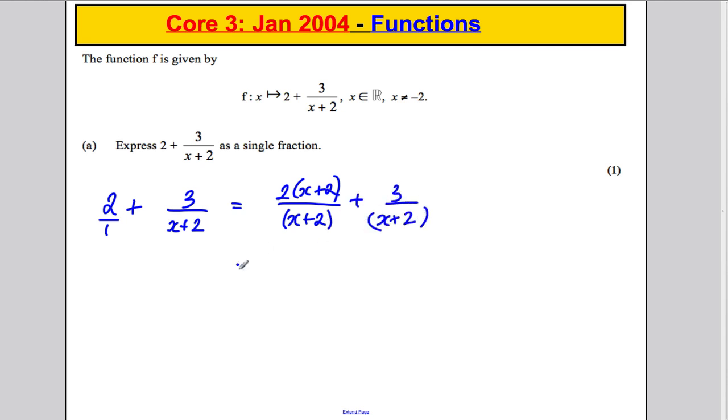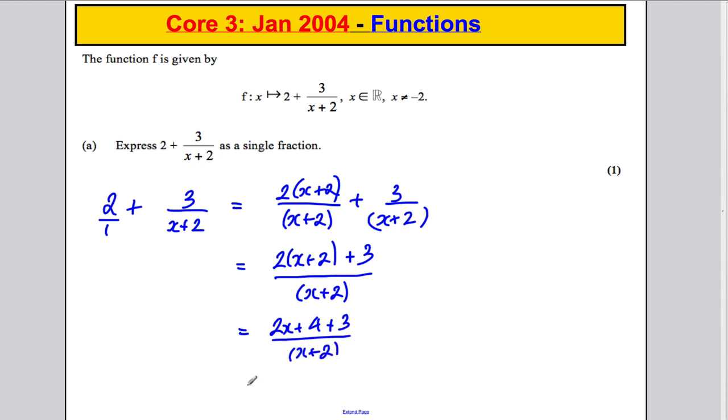Then you could add the fractions, so this would be 2(x + 2) + 3, all divided by x + 2. Now expand out the top and collect it. That would be 2x + 4 + 3 all over x + 2, which would be (2x + 7) over (x + 2), and you're done. The one thing x can't be still, x can't be negative 2.